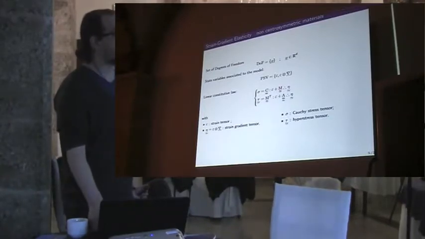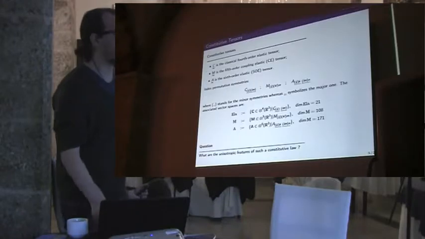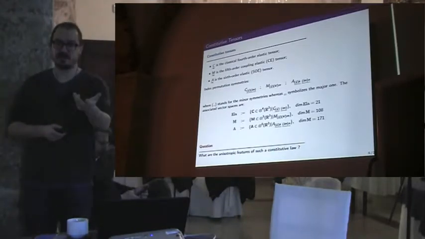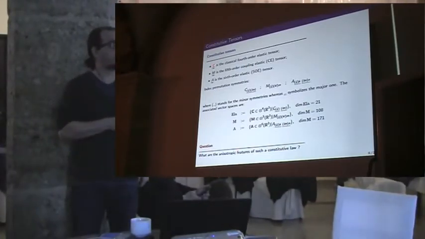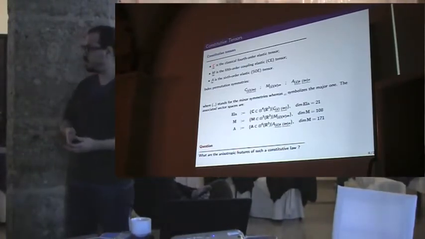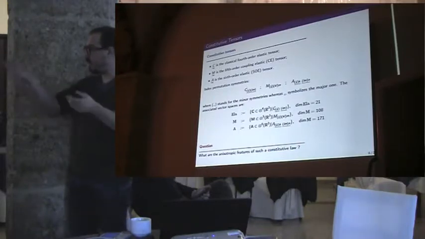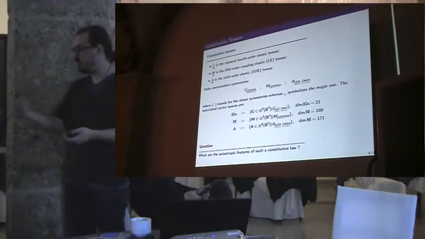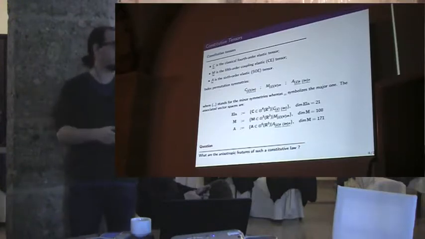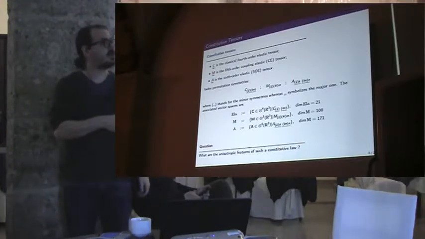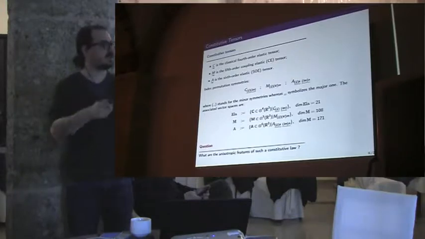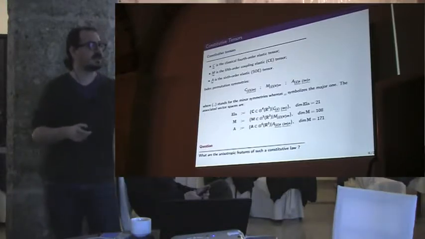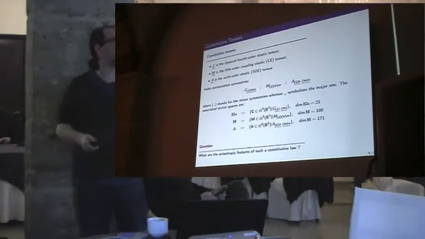So if I take a closer look at my constitutive law, I now have three tensors for describing the elasticity of my continuum. The tensor C, which is the classical elasticity tensor endowed with the classical index symmetries, minor and major. And I've got two new tensors, the M, which is a fifth-order tensor that makes the coupling between strain gradient and stress, and also a sixth-order tensor for second-order elasticity.